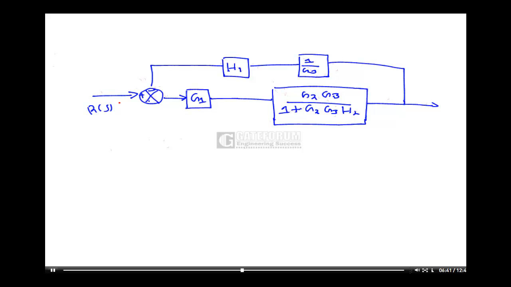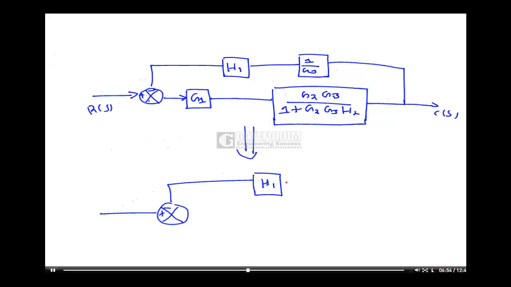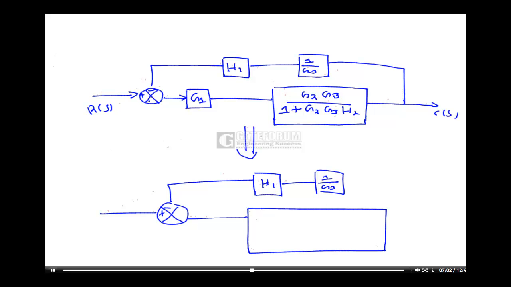This is my RS, this is my CS. This can be further simplified to G1 G2 G3 over 1 plus G2 G3 H2.